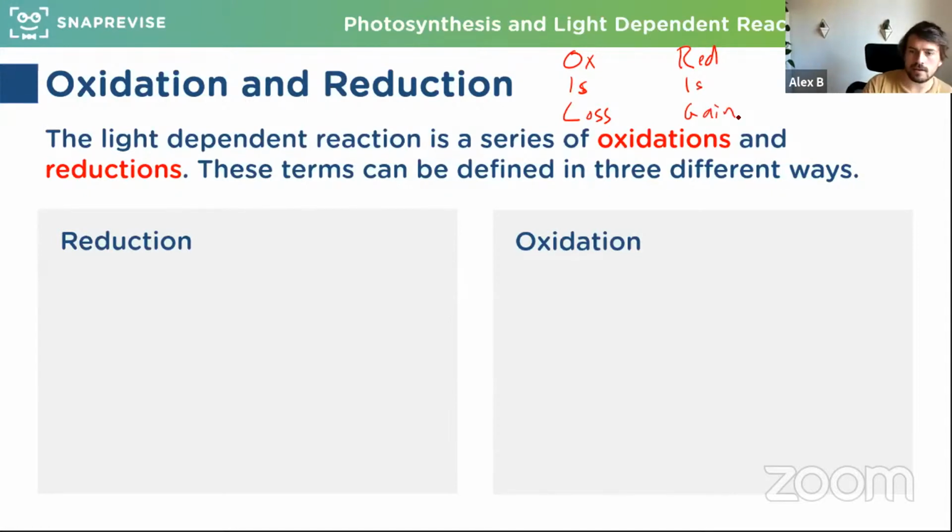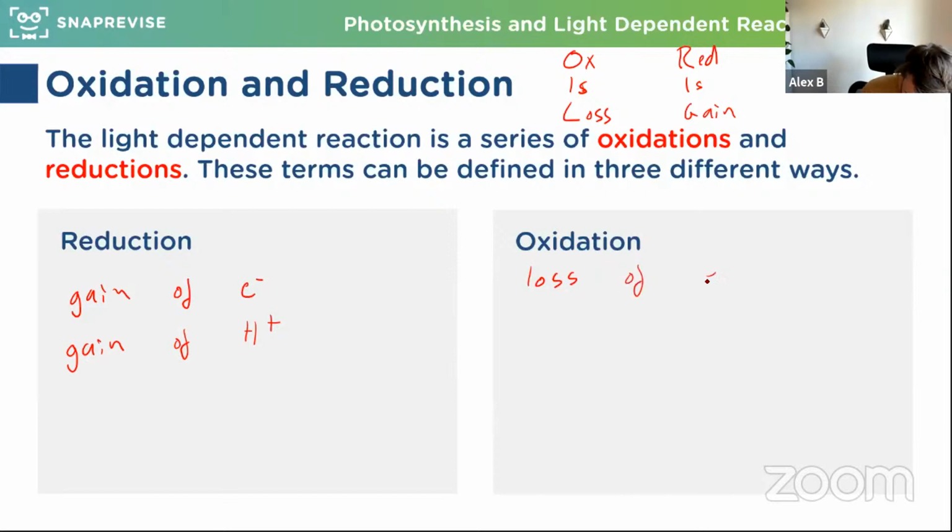And what are they losing and gaining? Some of you guys have already put these on. Gain of electrons, gain of hydrogens, loss of electrons, loss of hydrogens, H plus, which you can also call protons.